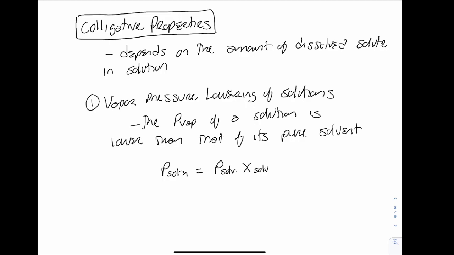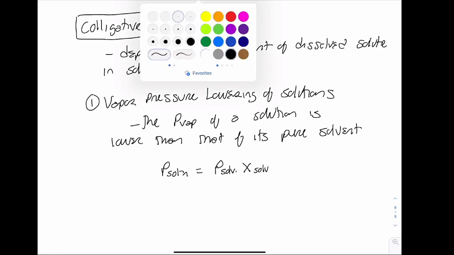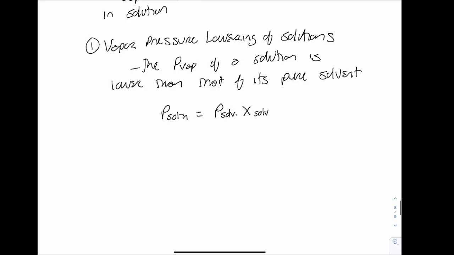This is a little bit backwards, usually when we've been doing mole fractions, I do solute on top, but my component in this case is going to be solvent. So if we take that mole fraction, multiply it by the vapor pressure of my pure solvent, we end up with the vapor pressure of my solution. Remember, mole fractions are always a number less than 1. So if I take the vapor pressure of my solvent and multiply it by a fraction less than 1, I'm going to end up with a smaller number for the vapor pressure of my solution. And we can do an example after I go through our other types here.